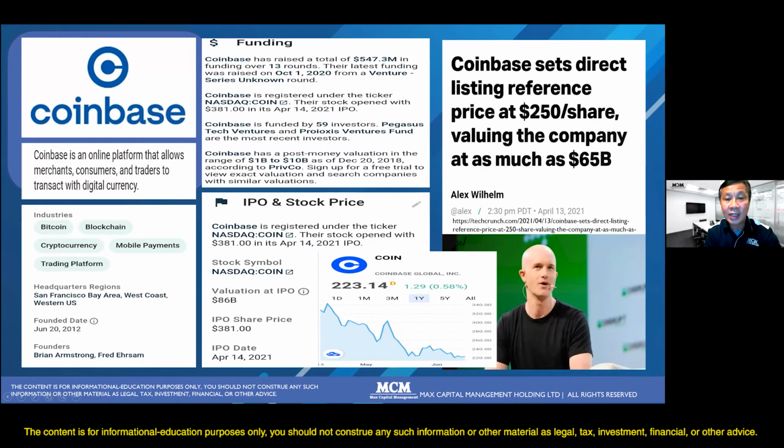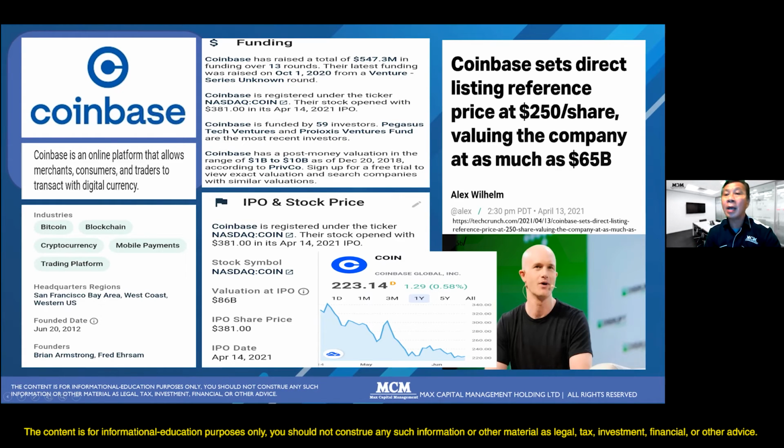It went into direct listing on the 14th of April, and it opened at the listing reference price of $250, valuing it at as much as 65 billion at that time, quite a huge market capital, and closed on that day at $381, valuing it at 86 billion.